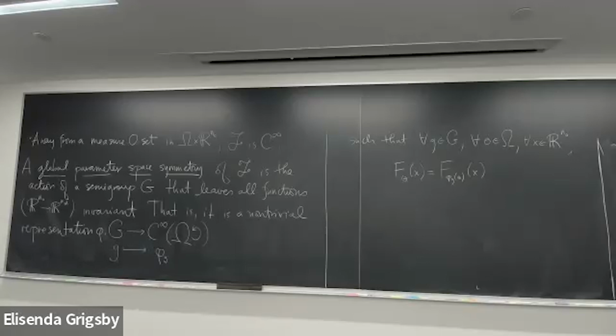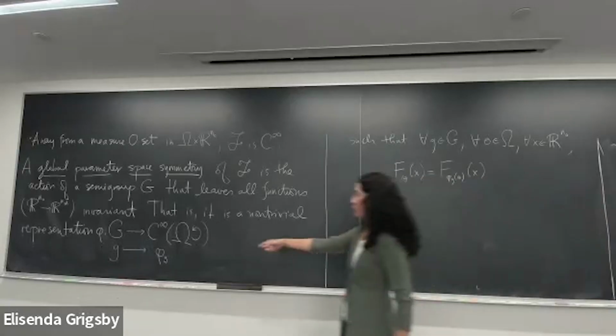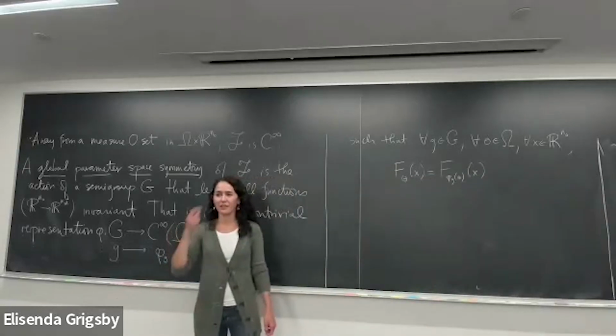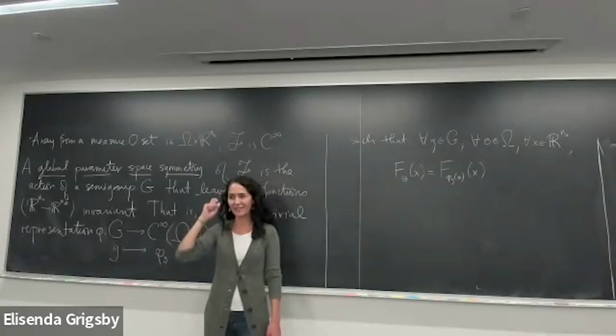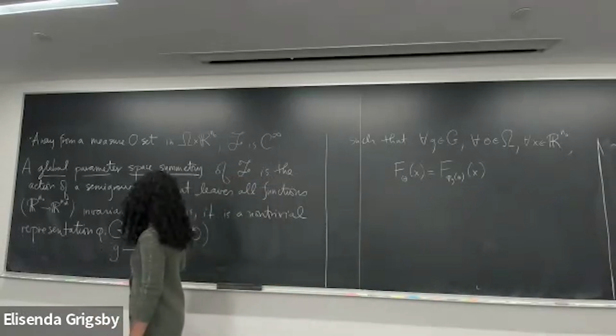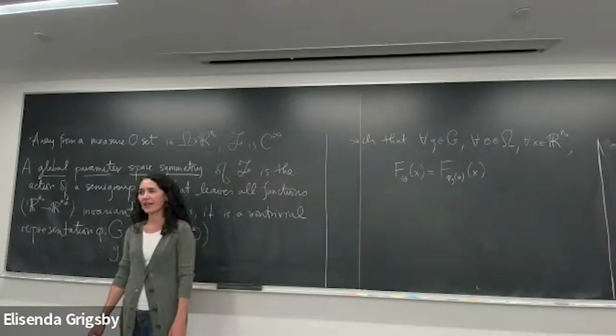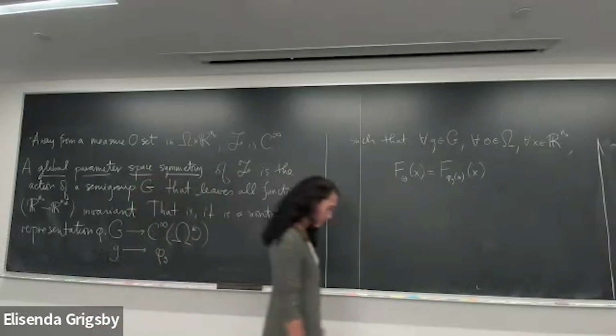It's kind of obvious that if you have two parameter space symmetries, you can compose them, but you don't always have a way of getting back, like a renormalization flow.